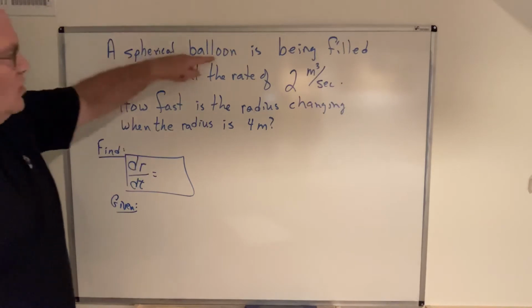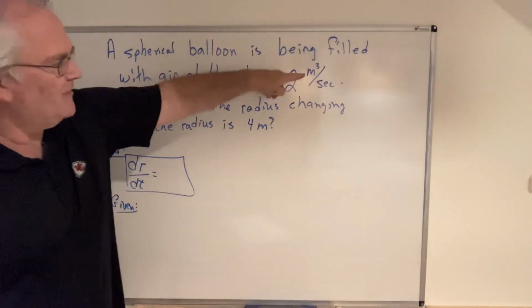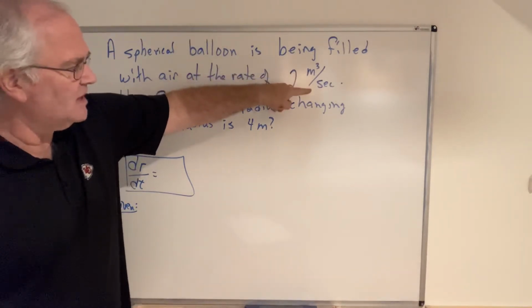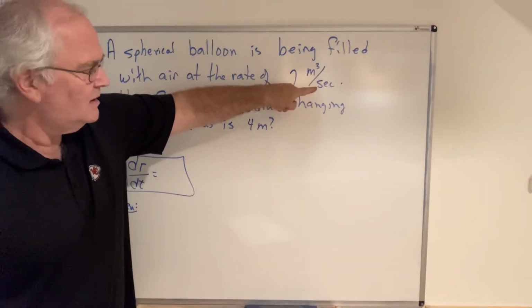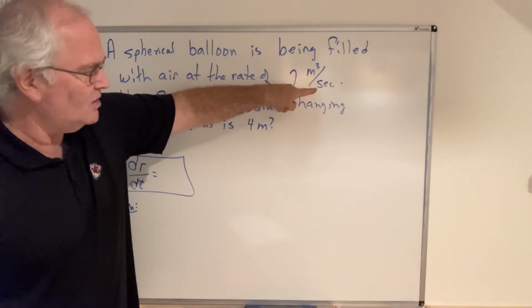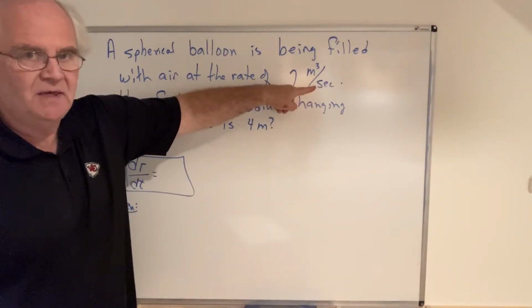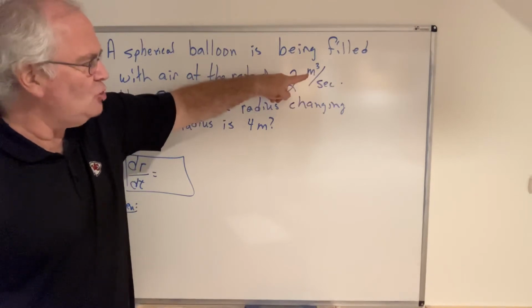We're given a spherical balloon is being filled at the rate, that's a d something, right? Well, I know what the denominator is, d time, dt. Time is being measured in seconds, because it's smacking me right in the face right here. But I know this is measuring cubic meters.